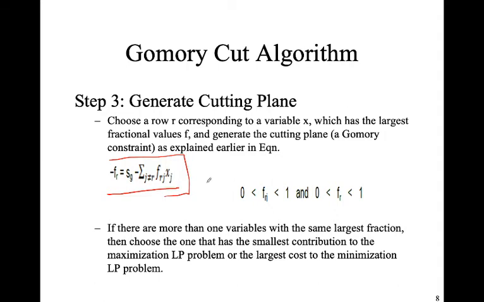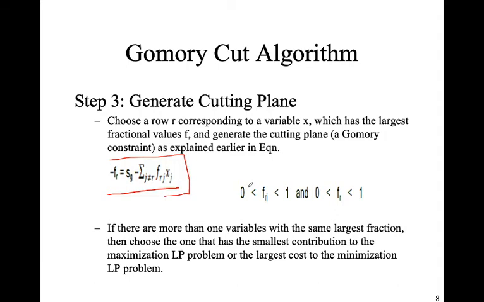But let us say more than one variable has the same largest fraction. In that case you have to pick the variable which has the minimum contribution in a maximization problem and the largest contribution in a minimization problem.